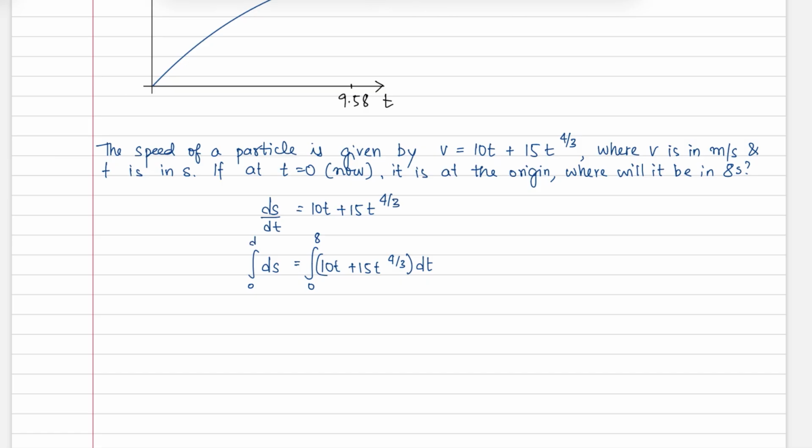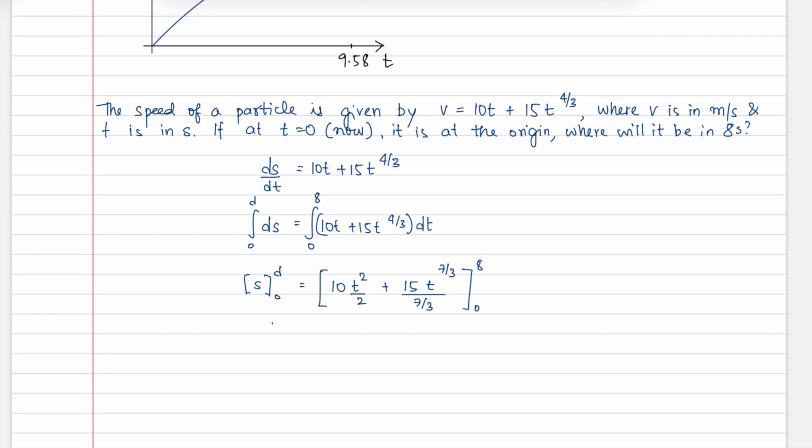So in this case, you would get s going from 0 to d, which is of interest to us, is equal to, on the right hand side, 10t squared over 2 plus 15. And now this here becomes t raised to 4/3 plus 1, that is 7/3, divided by 7/3. This entire thing is going from 0 to 8.